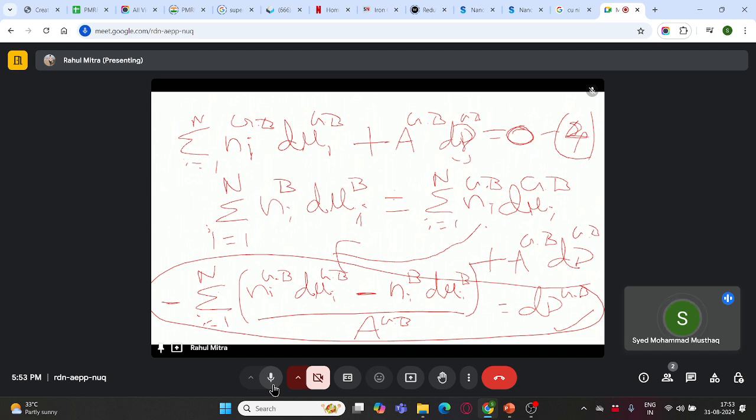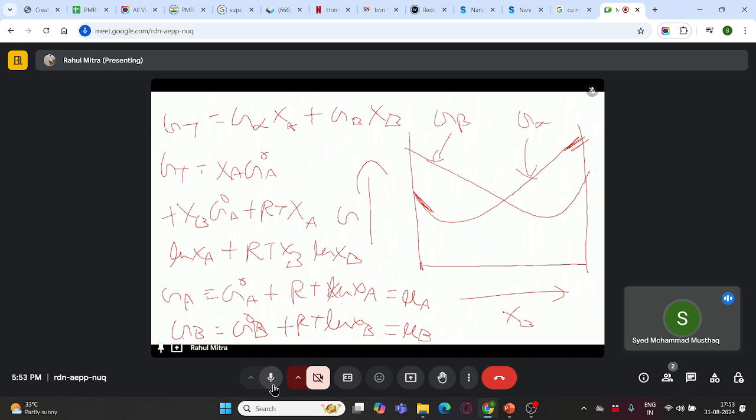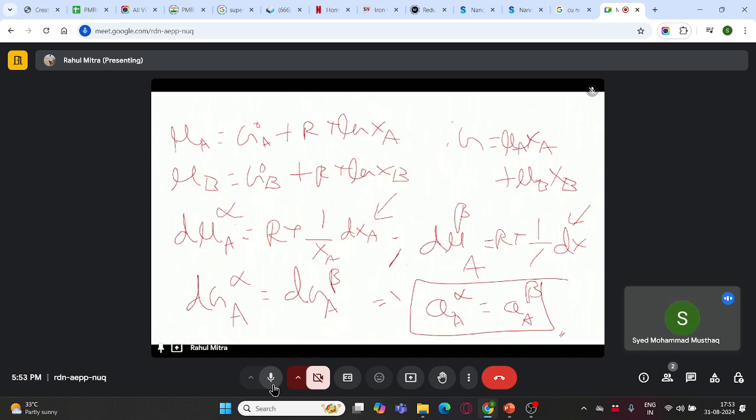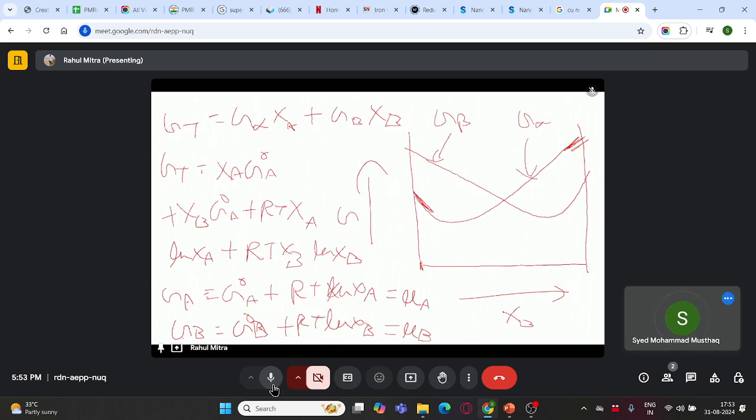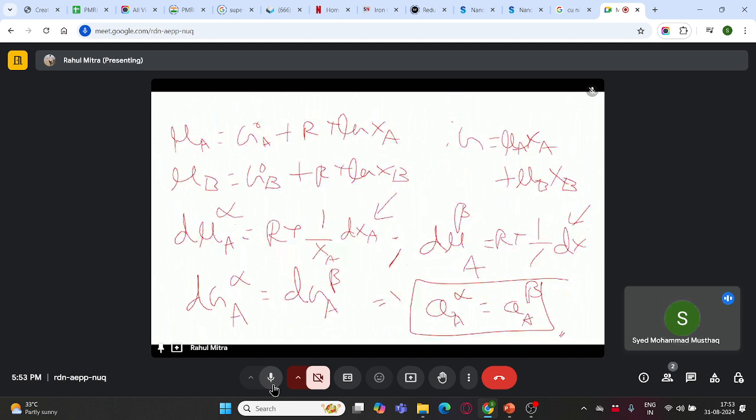So we wrote it for the bulk or the grain, and we wrote it for the grain boundary. We finally got to this equation, and I showed how we came to the conclusion that the chemical potentials of an element are equal in two different phases.